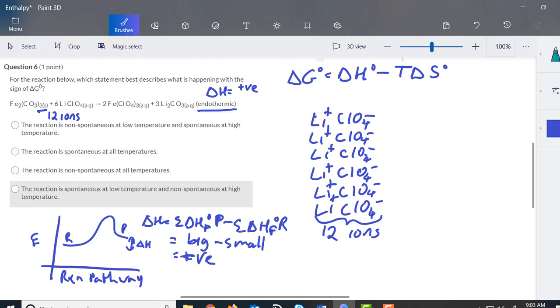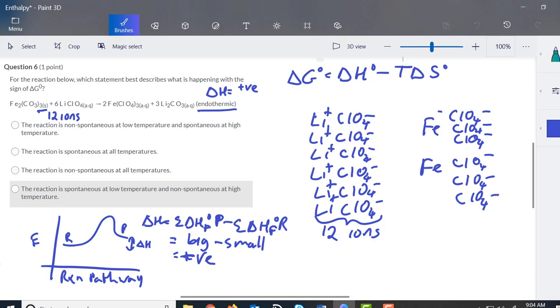Now on the product side, we've got 2 FeClO4 3. If I drew a picture of that, that's 1, 2, 3, 4, 5, 6, 7, 8. So that's 8 ions there. And we also have the 3 Li2CO3s as well.